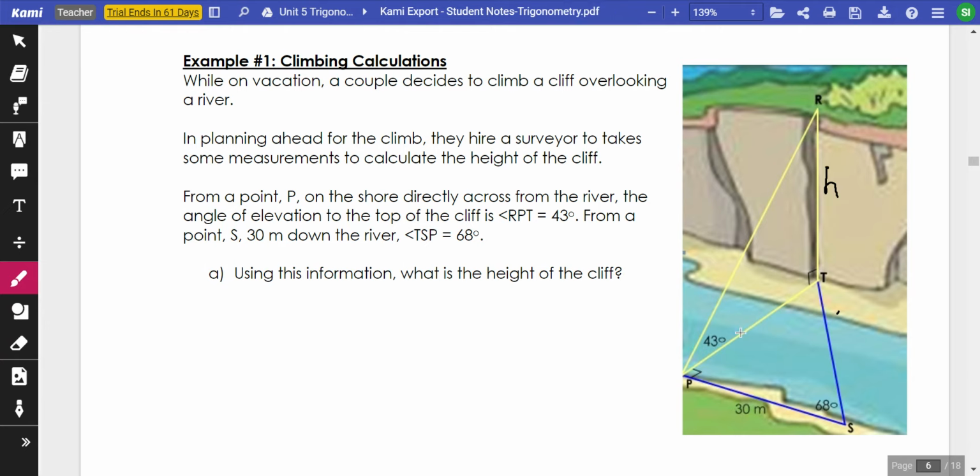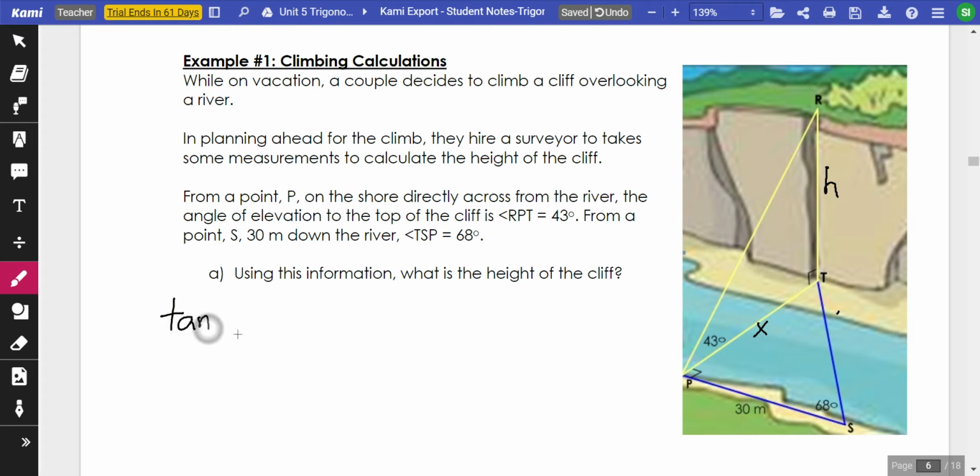So if I look at this triangle here, I've got two pieces of information. If I call this my unknown, x, I've got a triangle that I can solve for x because I've got enough information. So from this angle, the opposite side and the adjacent side are involved. So that's the tangent function.